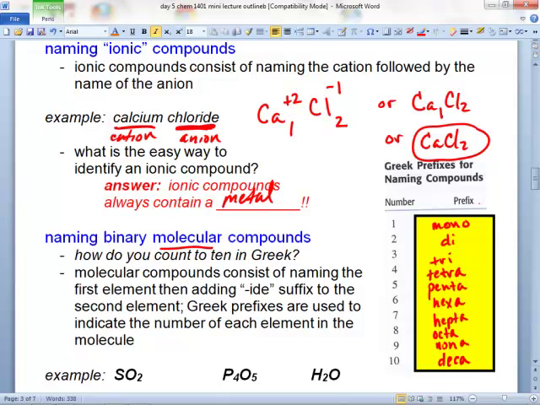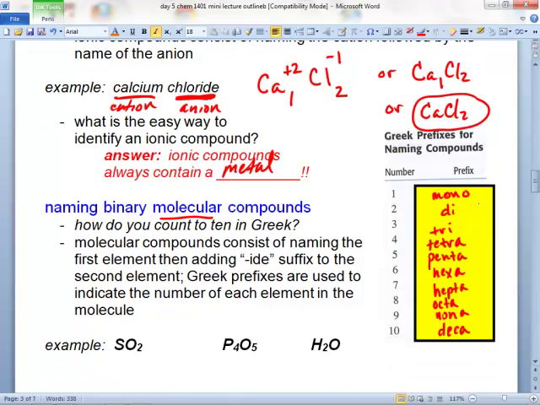It says, first, name the first element and add IDE to the second element. And use Greek prefixes to indicate the number of each element in the molecule. So in this molecule of SO2, how many S do we have? There's just one. So that means we have to use what prefix? Mono. So you're going to start out with mono.